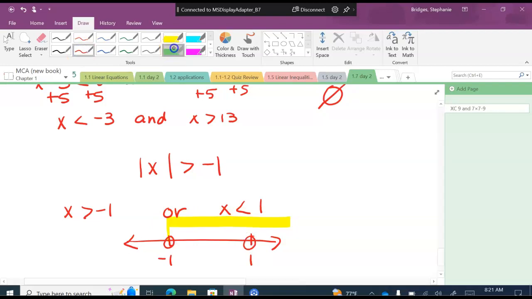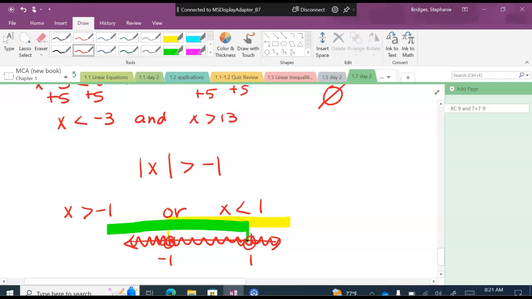Less than 1 is open and going to the left. But this time the word is or. Can I shade to the left? Do I have at least one of them there? Can I shade in the middle? I have 2 of them there, so that's at least 1. And then can I shade to the right? Yeah. I can close in -1 and +1 because they satisfy either one.